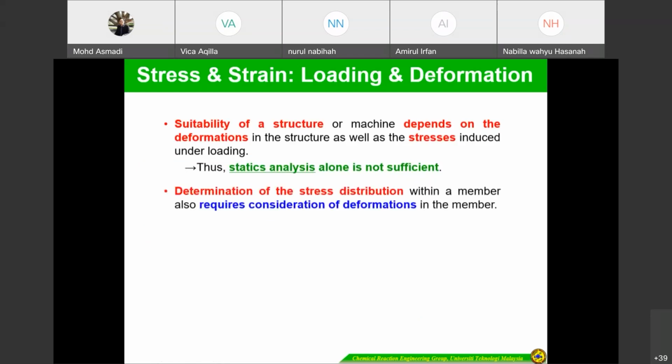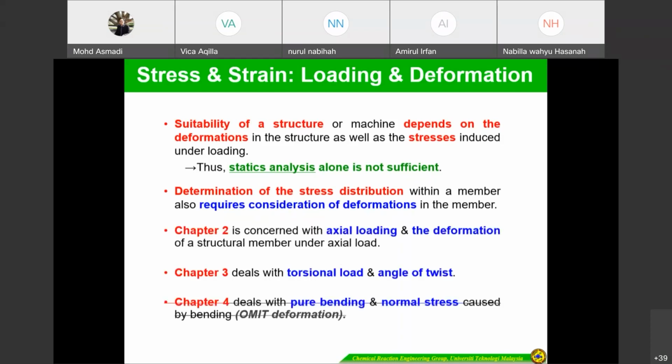We already determined the stress distribution within the member, but we also need consideration of the deformation in the member. In this chapter, we are concerned with axial loading and the deformation.